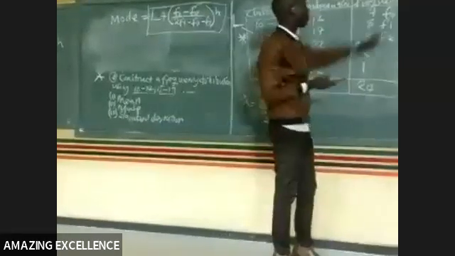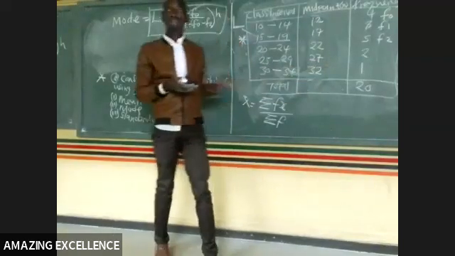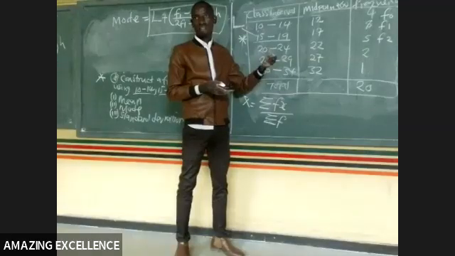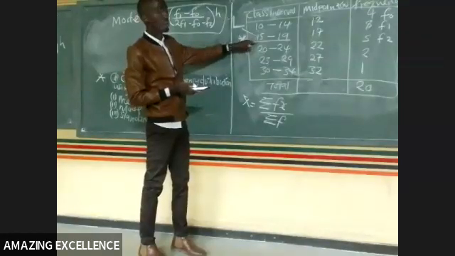F0 simply means the frequency of the class that precedes the model class. The model class, I said, is the class that has the highest frequency, right? That's a model class. Then L is the lowest class boundary.